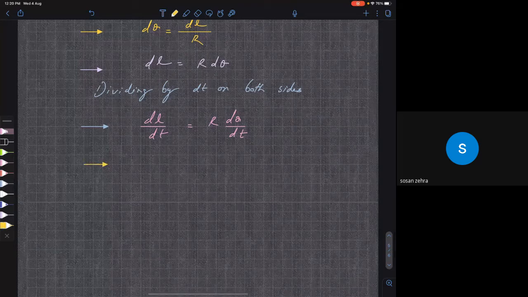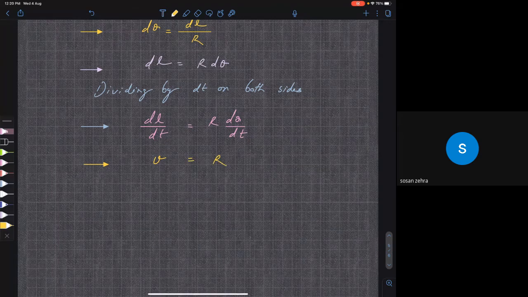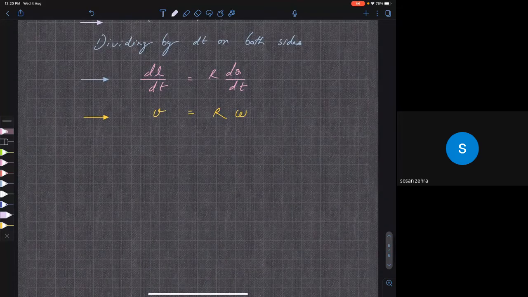So can I write it as v equals r times d theta by dt, which is omega. Omega is called angular velocity. What is angular velocity? d theta by dt.